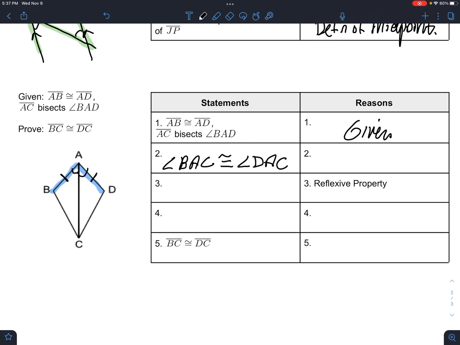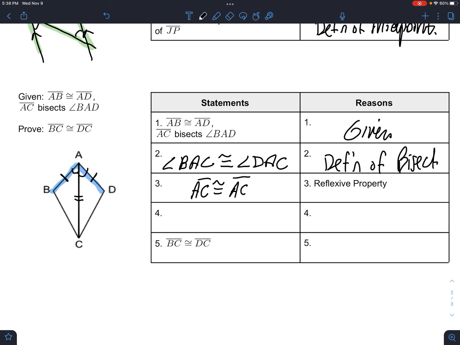And they are equal because that's what bisect means. Okay? And the whole goal is to get some parts going so we can say the triangles are congruent. And reflexive property is a great hint. There's a shared side, right? AC is congruent to AC.